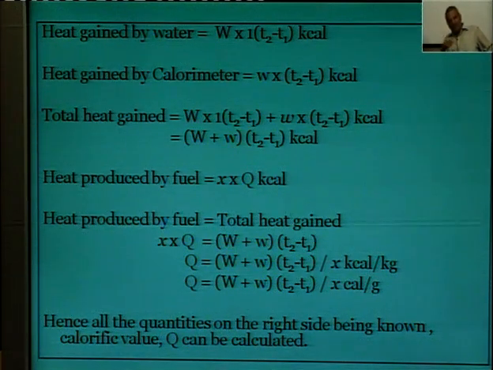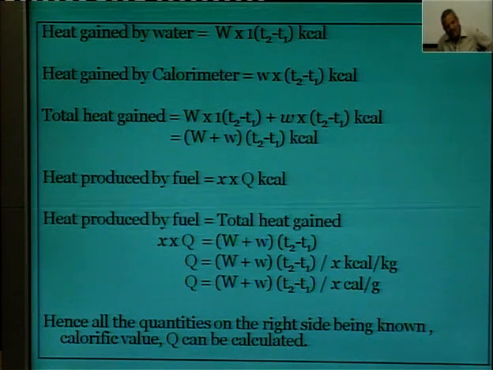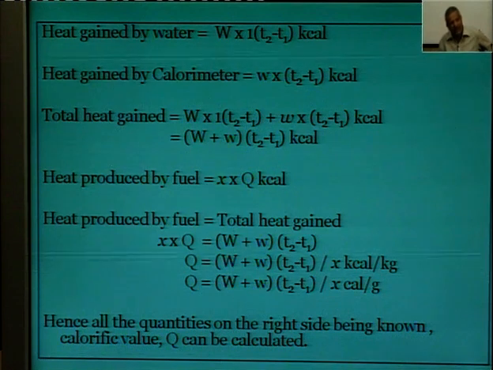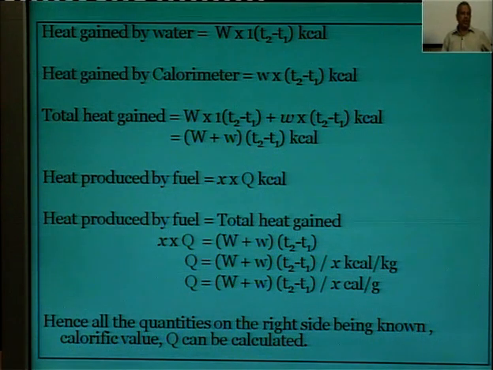So, we can also write this as big W plus small w, where big W is the total mass of the water, and small w is the water equivalent of the calorimeter. T2 minus T1 is common, that is the rise in the temperature of the water.